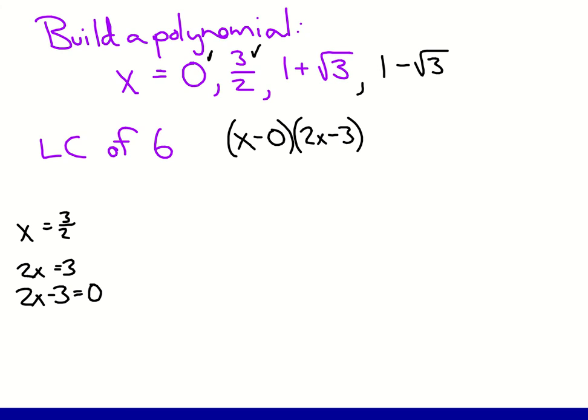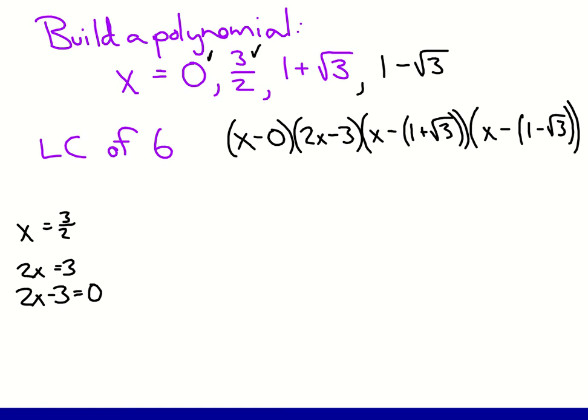So that one's done. The next linear factor would be x minus quantity 1 plus root 3, and the next one would be x minus quantity 1 minus root 3. If all I had to do was build this polynomial, that's a pretty good start. I still haven't thought about the leading coefficient yet.